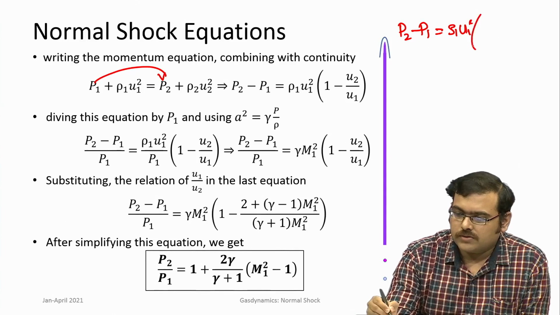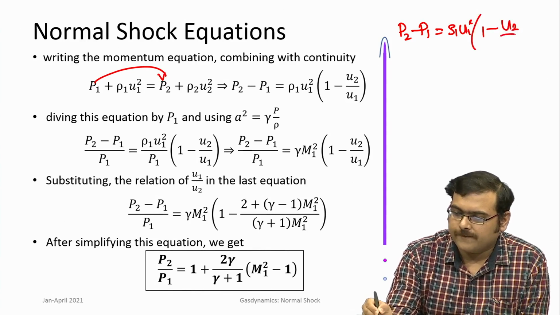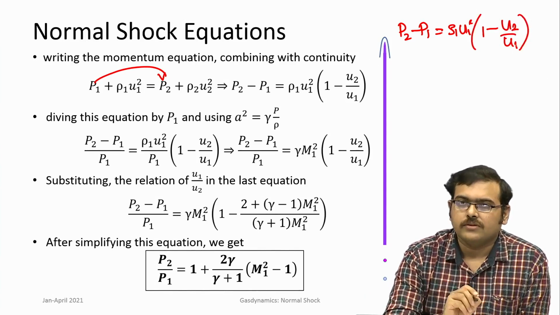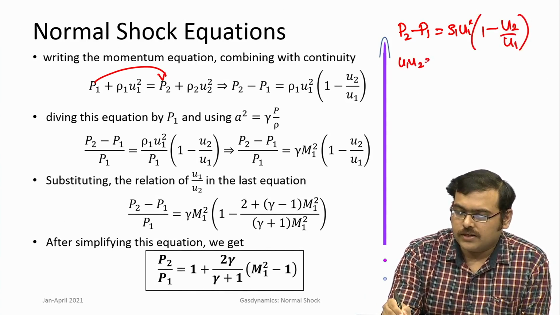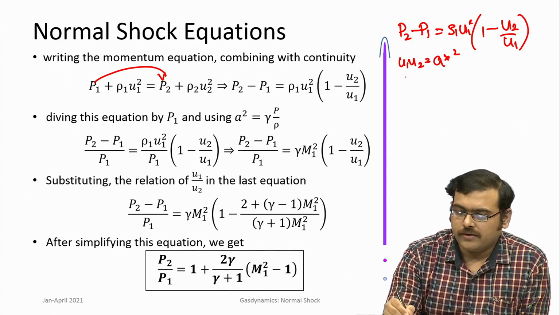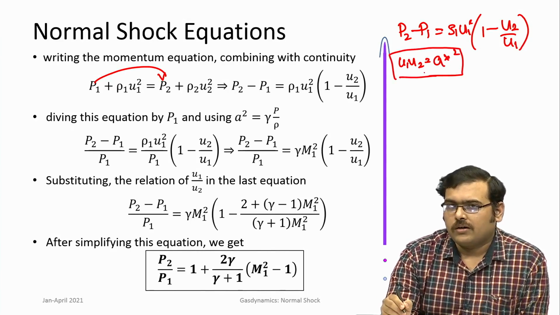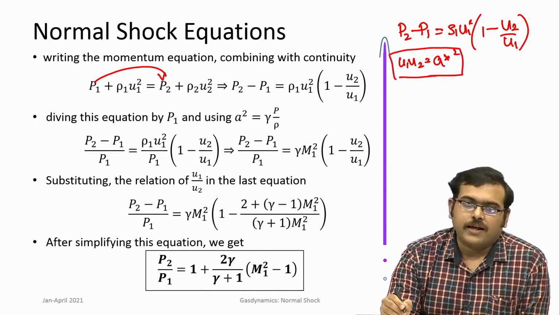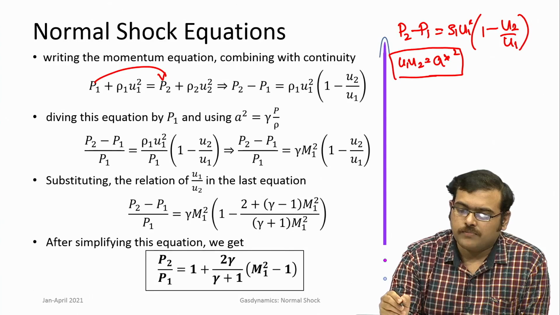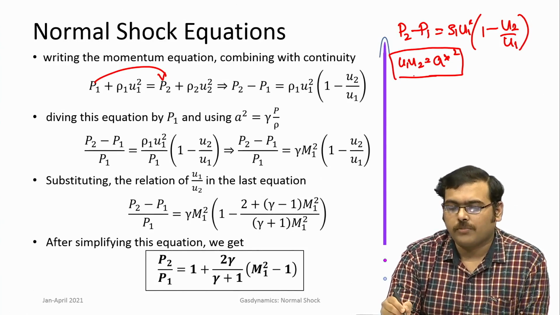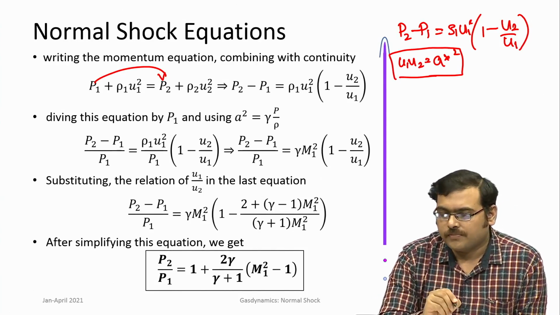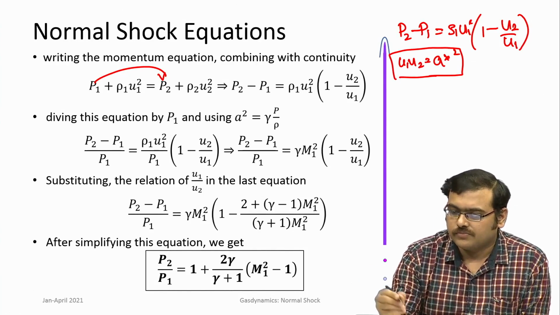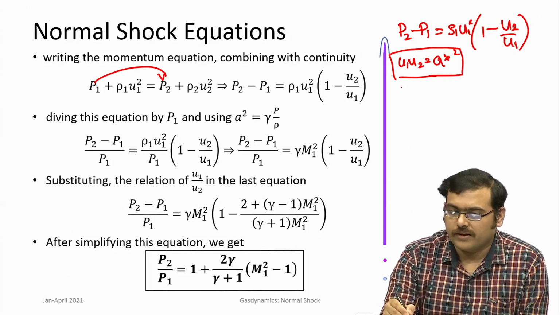Now, once we have the Prandtl's relation, that is, U1 U2 equal to A star square for conditions across the normal shock, our intention in further analysis is to use this formulation to get to the other flow variables.